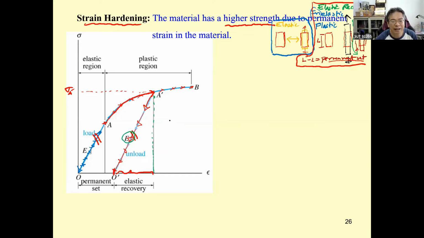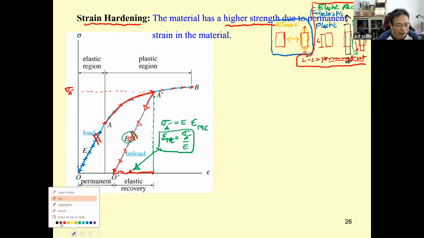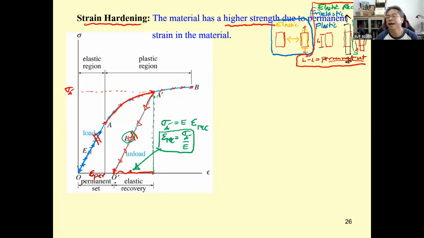It's related by E. So sigma sub A prime is E times the strain recovery. So the strain recovery can be computed by sigma sub A prime divided by E. Okay, I'd like you guys to understand this one first, and then what we are looking for is going to be the strain at permanent set.